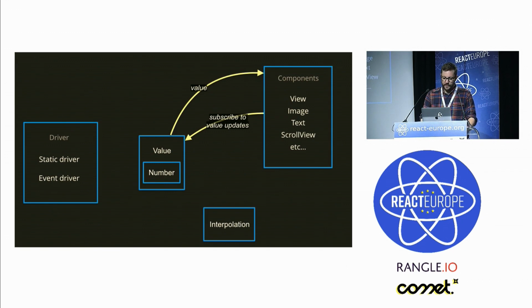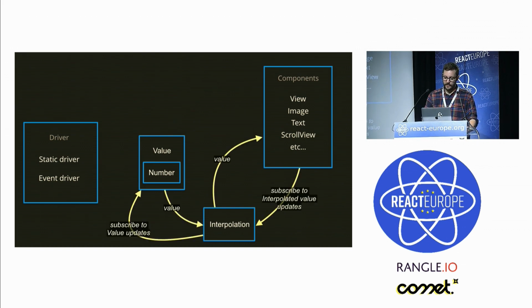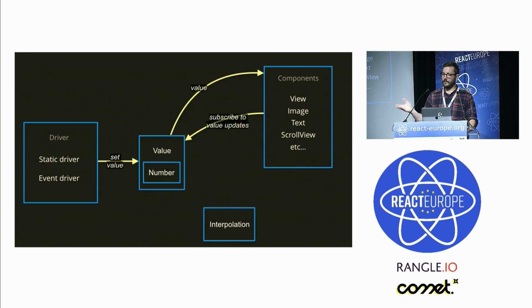So we have all these things, and the way that it works, again, just to hammer this home, we have this animated value that contains a number. The component subscribes to updates on the value, and when the value updates, it sends that value over to the component. A driver is responsible for updating the value, and so we can see how that flows from a driver that operates on a value that then updates components through some subscription to the value. It's very similar to what some of you did during the first exercise.